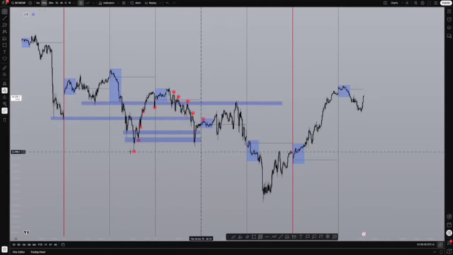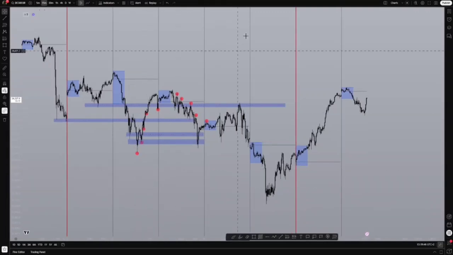They never took out this low, but they did take out this one. So those are the basic things that we could be looking for when we trade GER30, right?